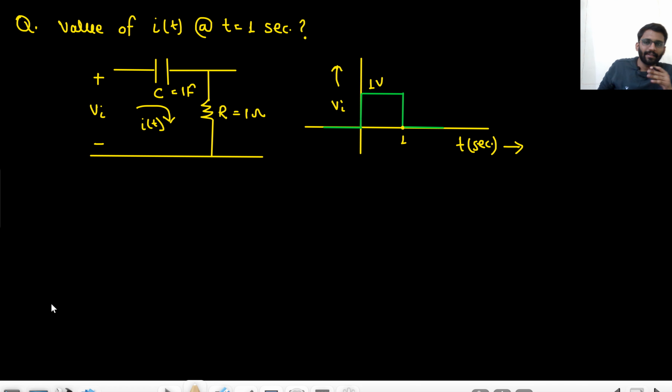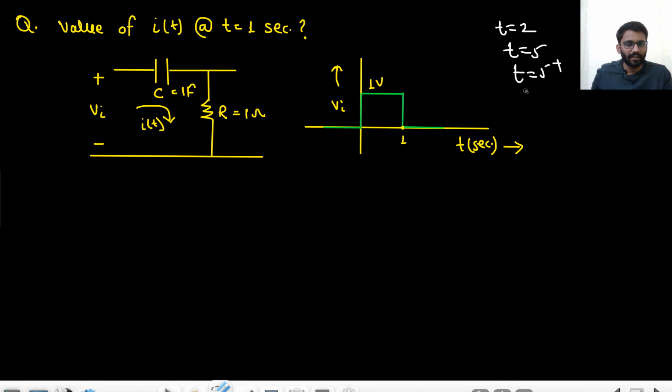You have to find the value of current at t equals 1 second. Whenever they ask what is the value at t equals 2 second, or at t equals 5 second, you always have to consider t equals t naught plus. If they are asking for the value of current at t equals 10 second, you will say the value of current at 10 plus second. Are you getting my point? If they have written a particular point, that means they are considering the next value.